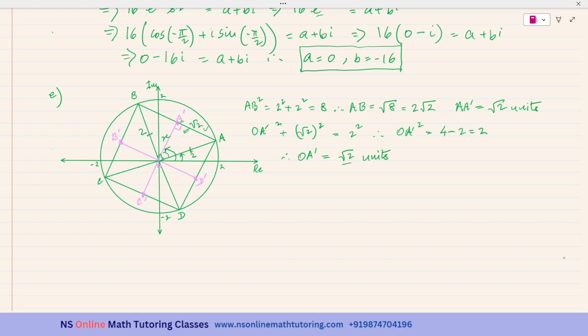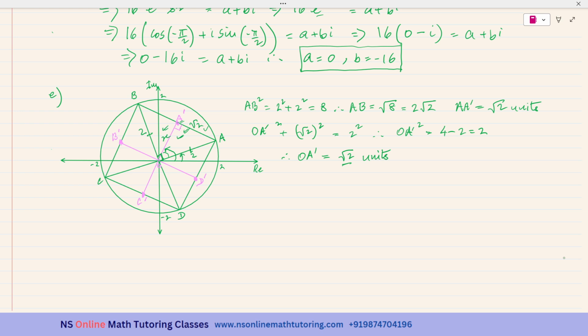So I have got the modulus of the complex number. Now I have to get the argument. What is the argument? OAA prime and OBA prime are two congruent triangles, and angle AOB is 90 degrees.